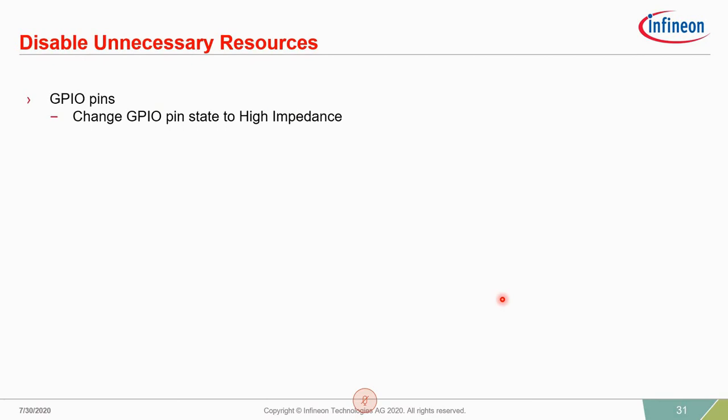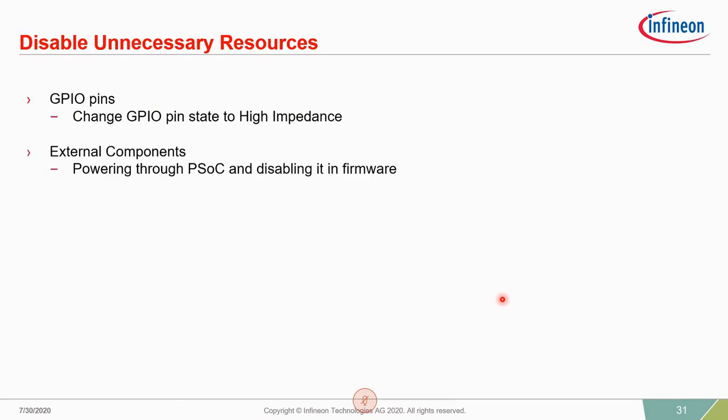If your design has external components, then it is better to power them using the PSoC, so that when the PSoC 6 enters low power mode, you can disable the external components using firmware itself. But one thing to keep in mind is that the amount of current that needs to be sourced or sunk should not exceed the datasheet values, or else the device will be ruined.